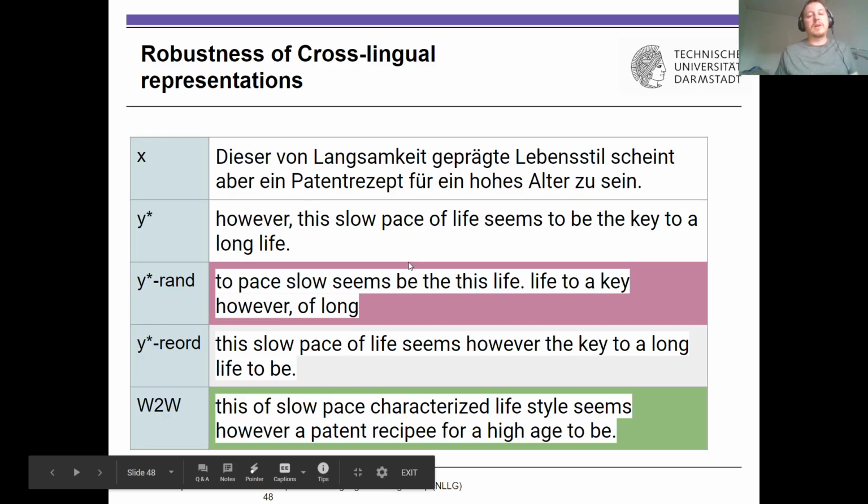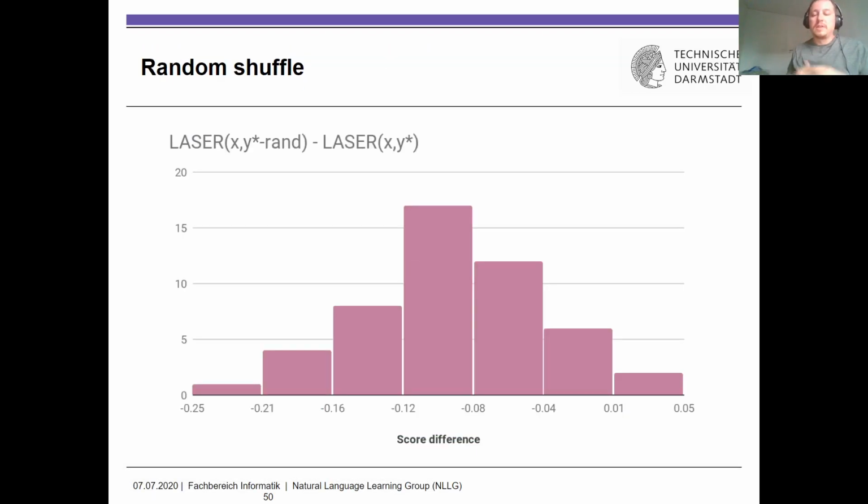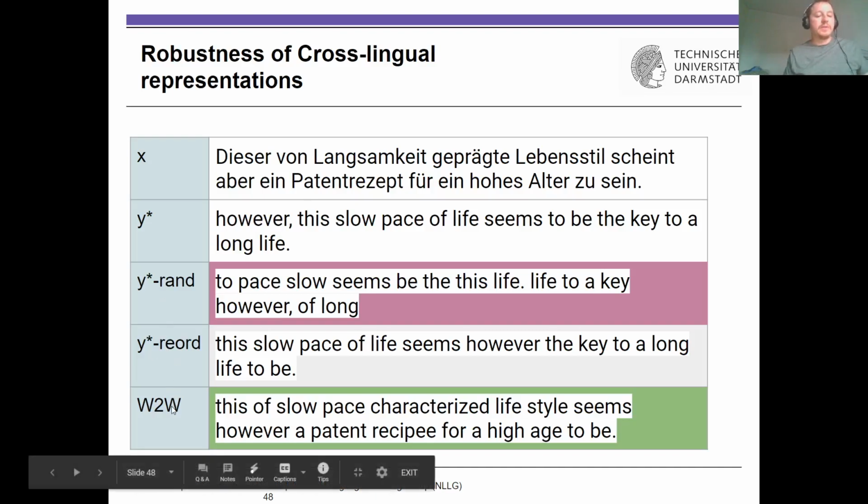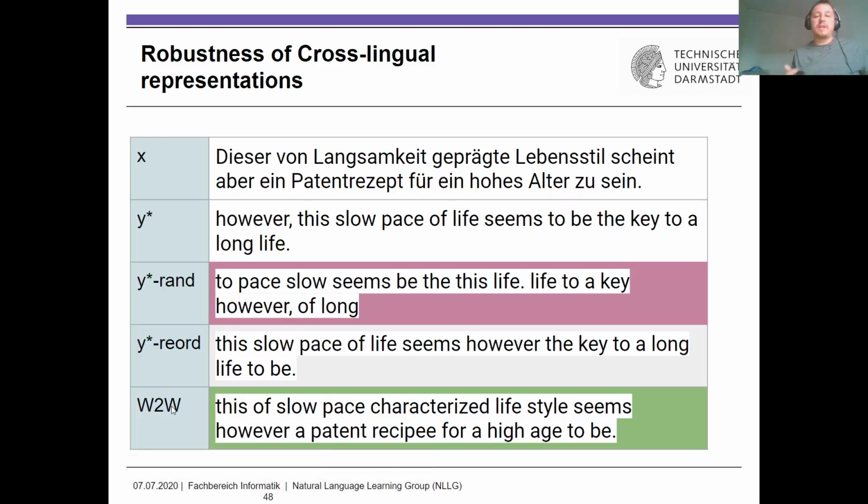Now we test our metric preferences. We test what our metrics prefer. To do this test, we produce many of those random reorderings, the expert reorderings, and the word-by-word translations. We produce many of those, let's say 50, 100, 300.